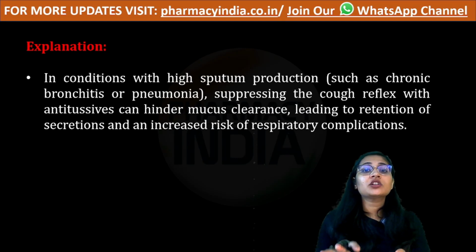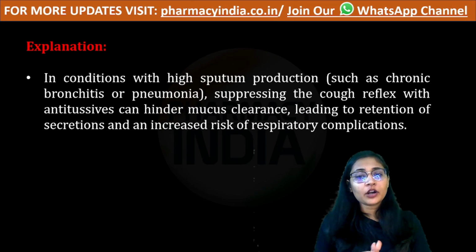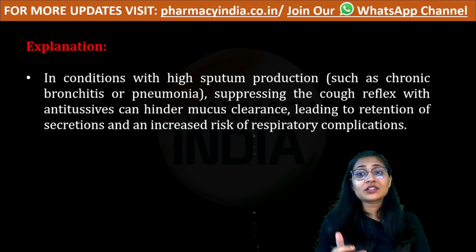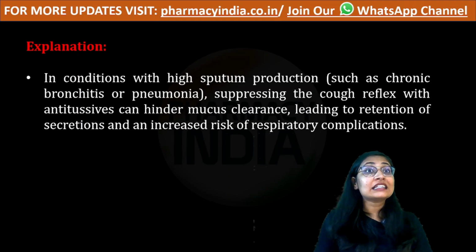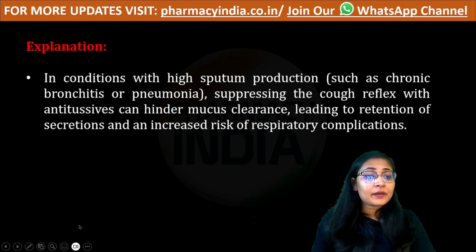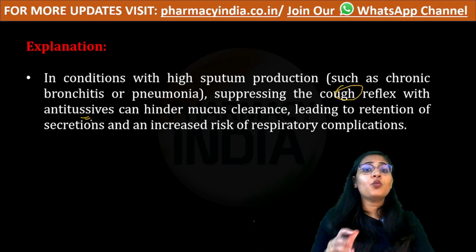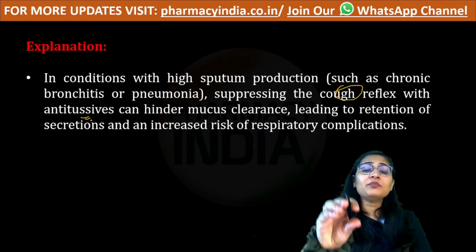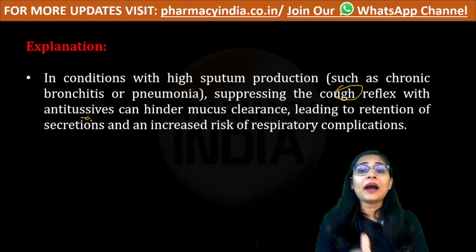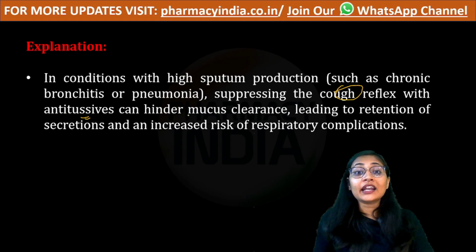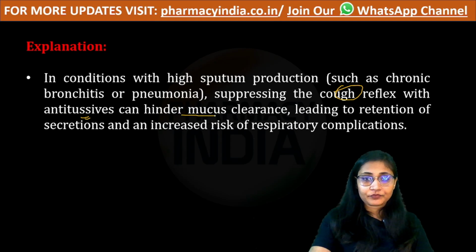Suppose a disease in which high sputum production occurs, such as chronic bronchitis and pneumonia. If you suppress the cough using an antitussive agent, what would happen? The mucus would not get cleared up. It would pile up in the respiratory system. That's why antitussive agents would give an adverse effect, hindering mucus clearance.